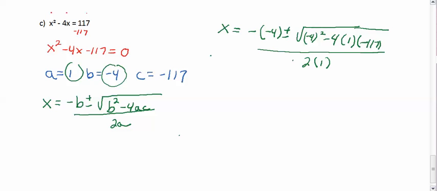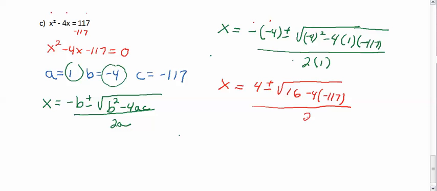Okay, next step, we're still doing it. So for x is equal to negative, and negative negative 4 is positive 4, plus or minus the square root of negative 4 times negative 4. 4 times 4 is 16, and then we have negative 4 times 1 is negative 4 times negative 117, all over 2.